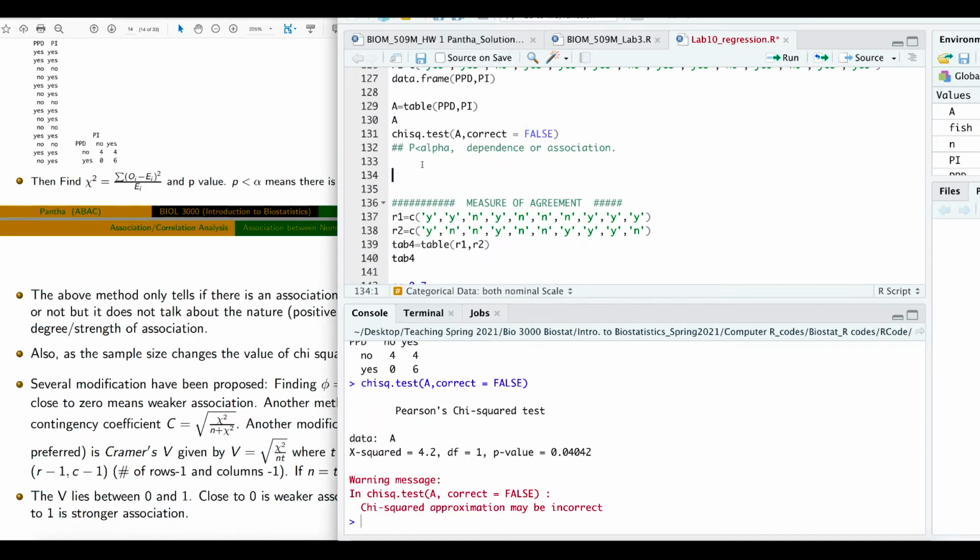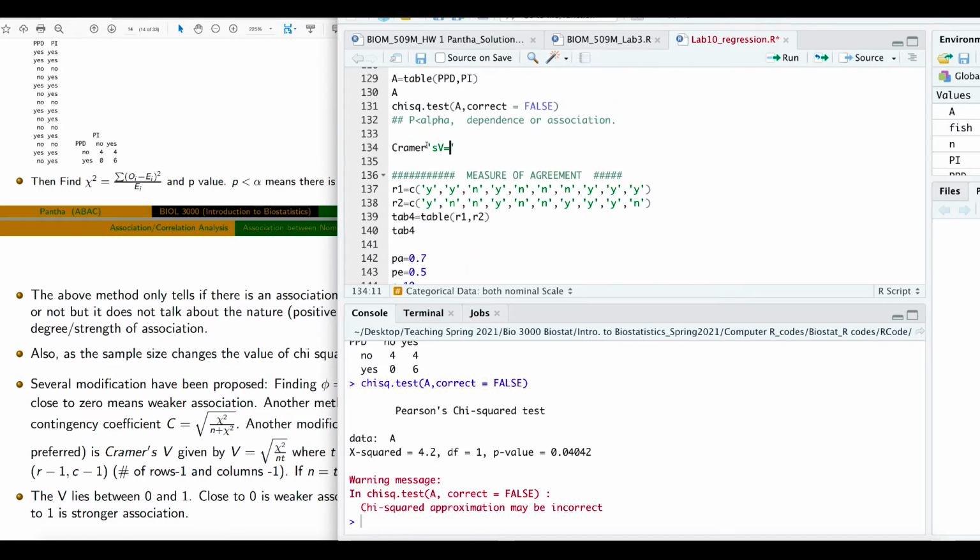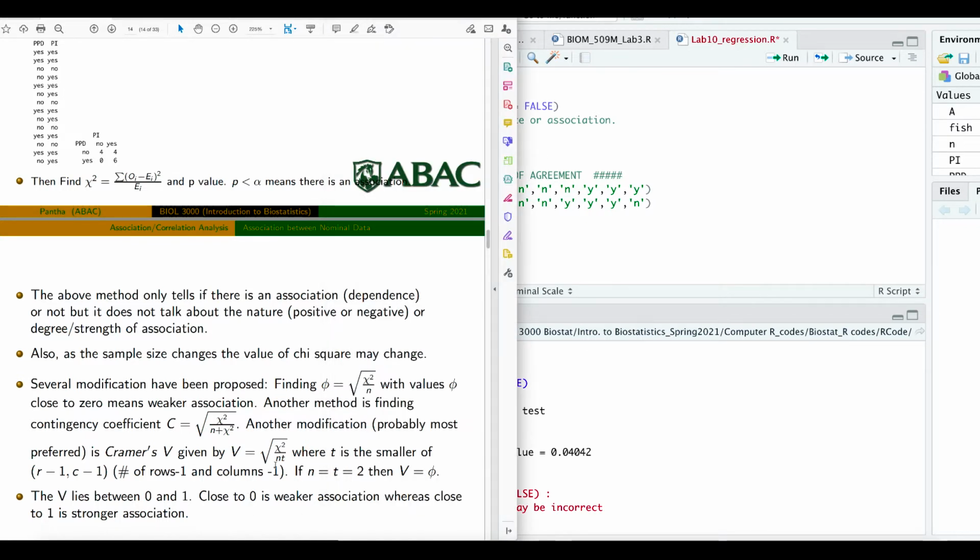Cramer's V is equal to the square root of chi-square, which is 4.2, divided by n times t.